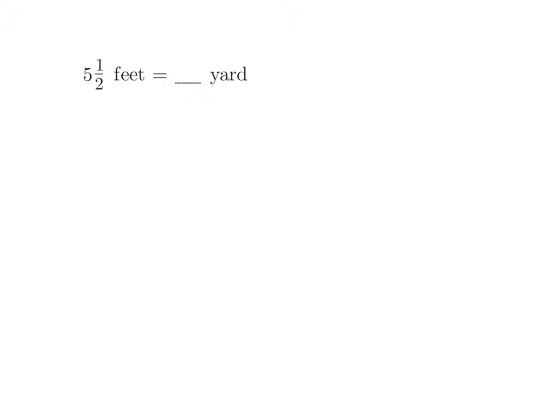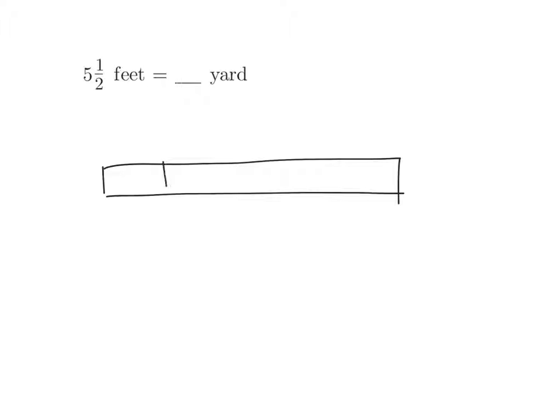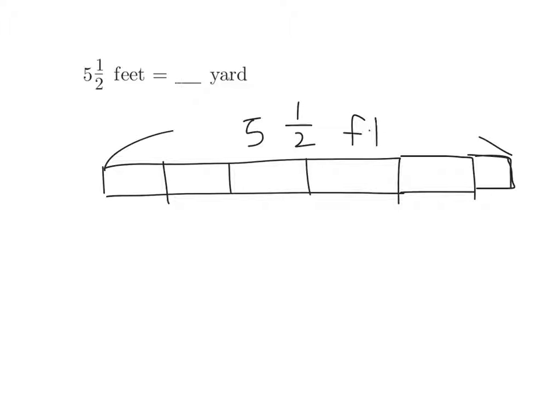Okay, this example is asking us to figure out how many yards are in 5.5 feet. So I'm going to draw out 5.5 feet. There's 1 foot, 2, 3, 4, 5. I'm going to say that's half. I'm going to label this as 5.5 feet.